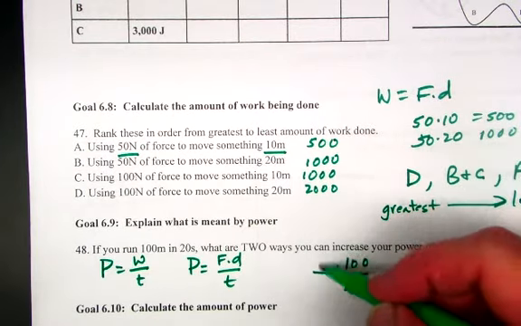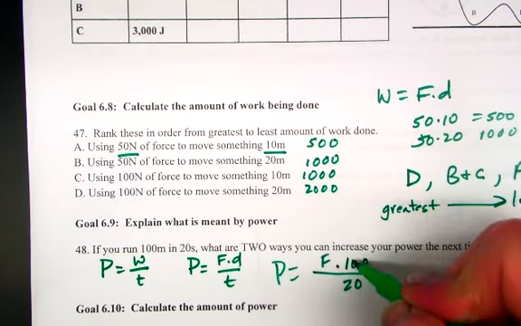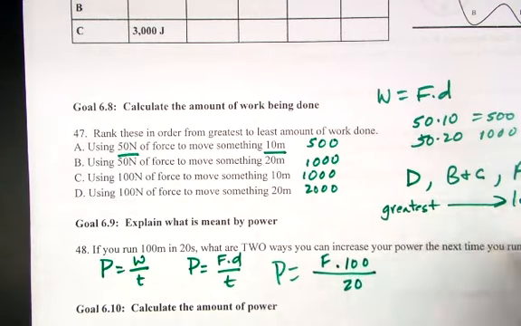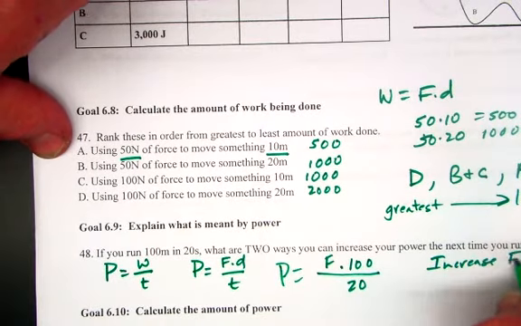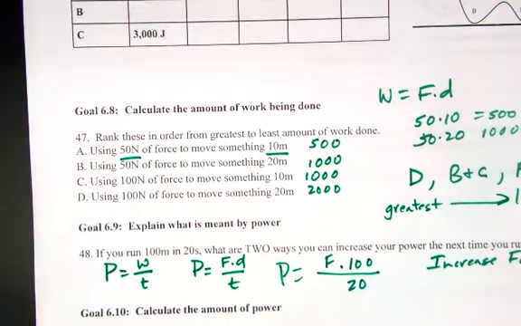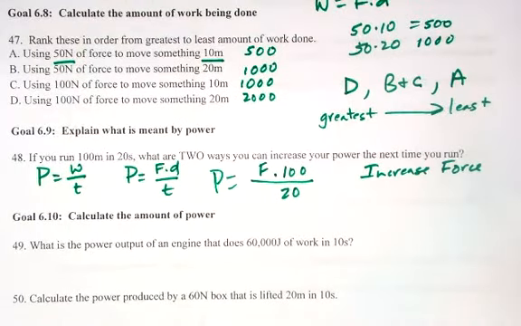One way would be to increase your force. Because remember, power is force times distance divided by time. So you could increase your force. So that would mean, lift weights, build your muscles, and you'd be stronger so you can run faster.